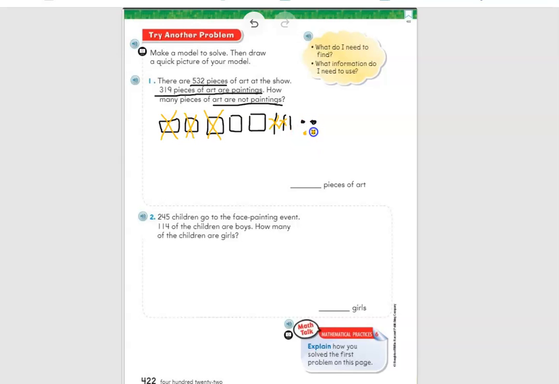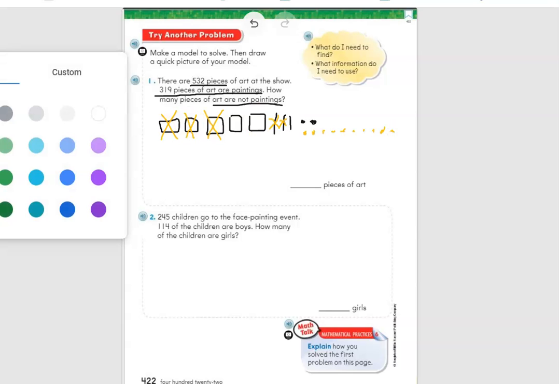I am regrouping. 1, 2, 3, 4, 5, 6, 7, 8, 9, 10. And I'm using different colors just so that you can see much easier what I'm doing here. All right, so I already took away 300 and I took away 10. I've got to take away 9 ones.